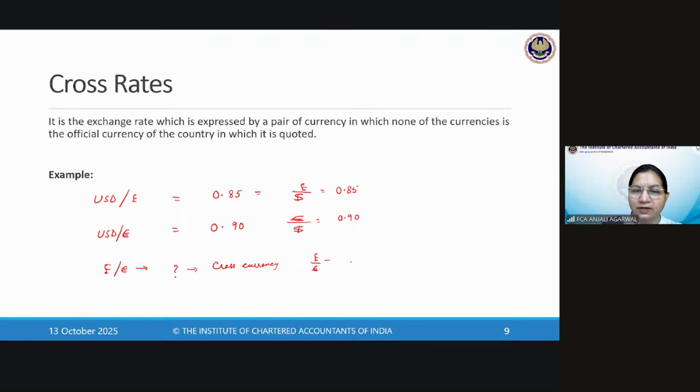So you can use 0.85 multiplied by, if I inverse this, I make it dollar by euro. So what will be the quote then? 1 upon 0.90.